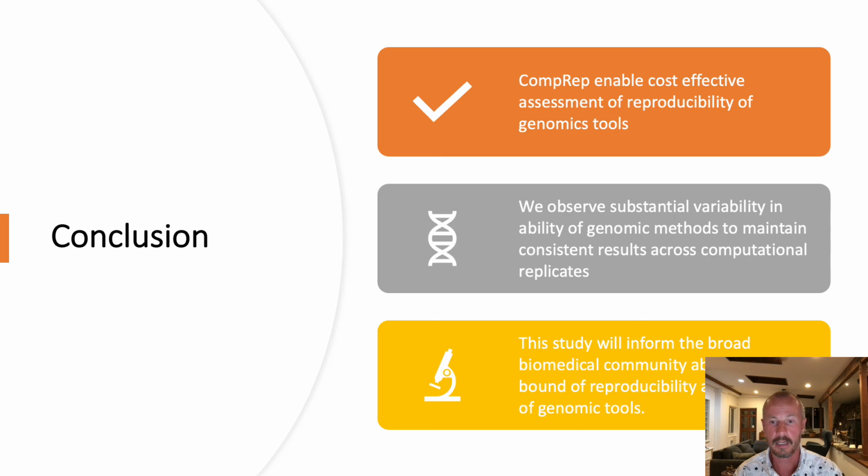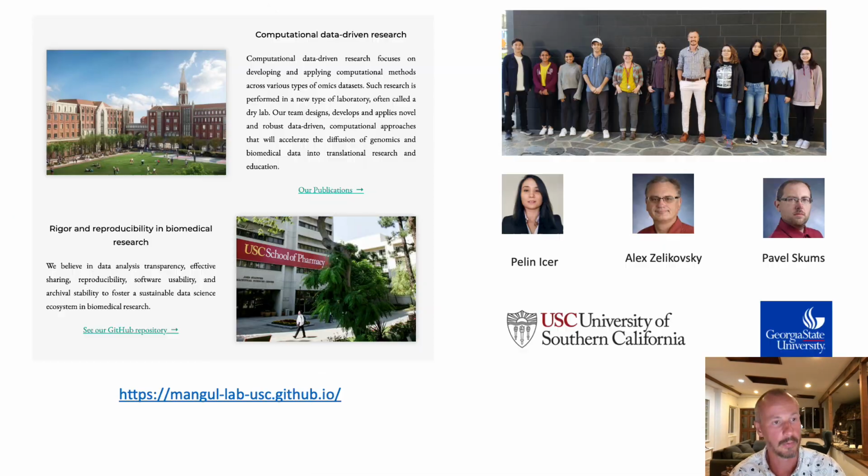We hope this study will inform a broad audience in terms of reproducibility, and given how accessible this metric is, since it doesn't require any cost, we hope it will be adopted in addition to standard measures like accuracy, precision, and sensitivity, both for newly developed tools and in benchmarking as well.